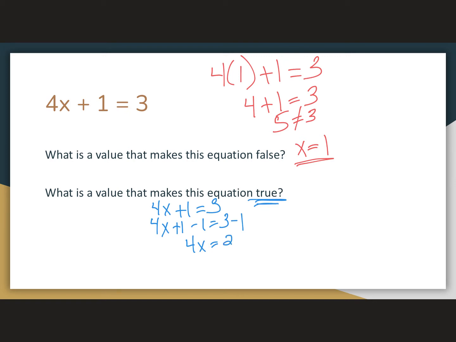Divide both sides by 4, and it gives me x equals 1/2. So that one would make it true. It's a little bit harder to find the one value that makes it true. You can choose almost any number to make it false.